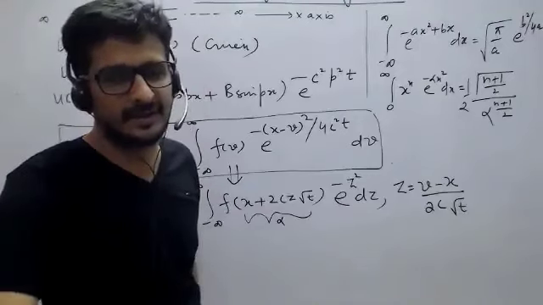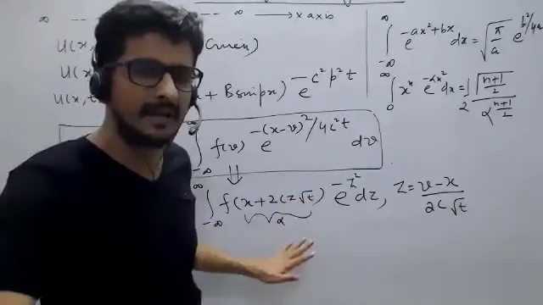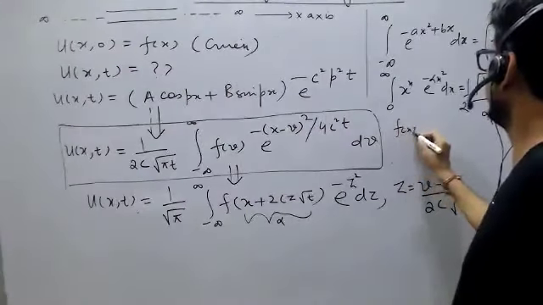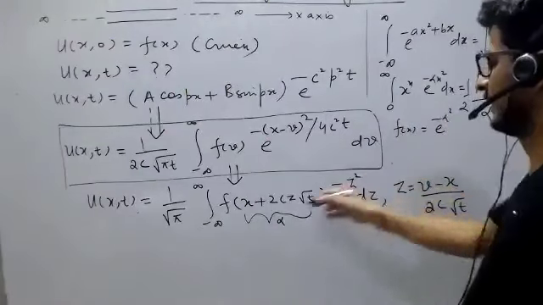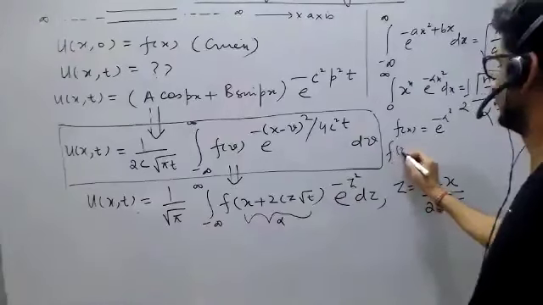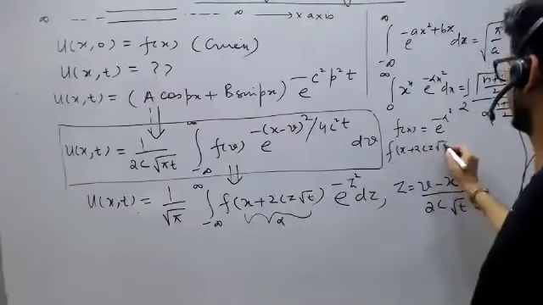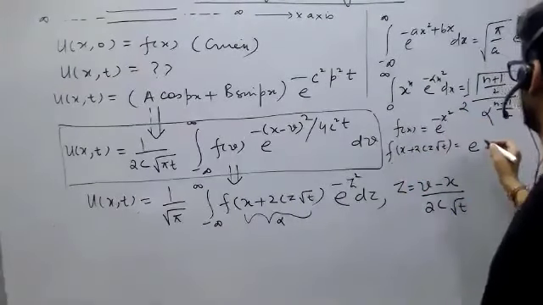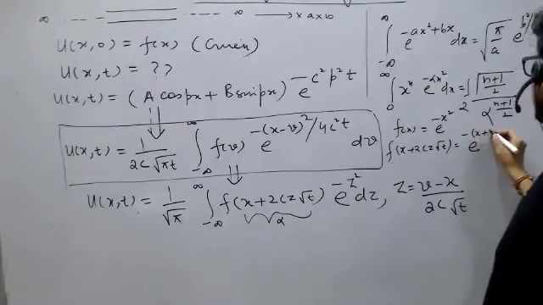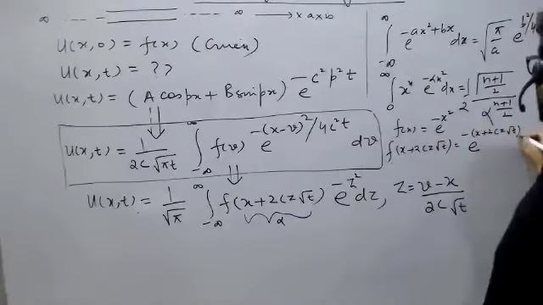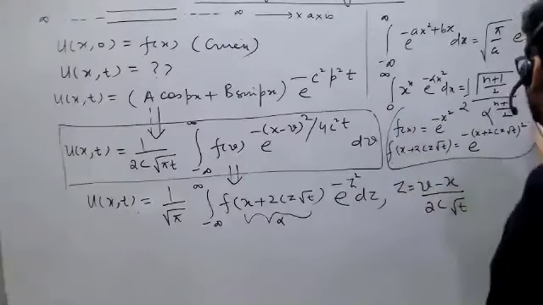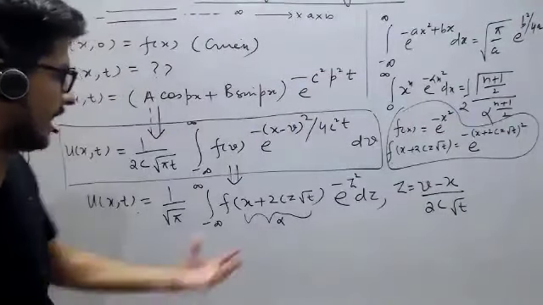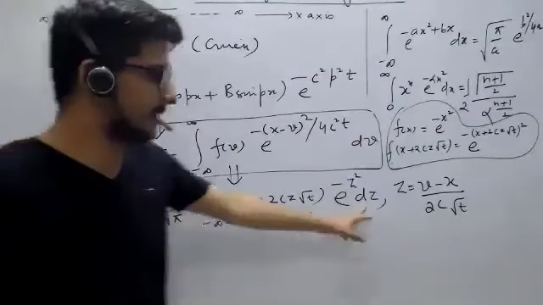Very good. So question number 5 was asked in NET, in which you just had to do this: suppose f(x) was given e to the power minus alpha square. So what will be this value? Tell me. e to the power minus (x plus 2cz under root t) square. You just had to know this much, and put it here, then we will just integrate. The variable is only z.